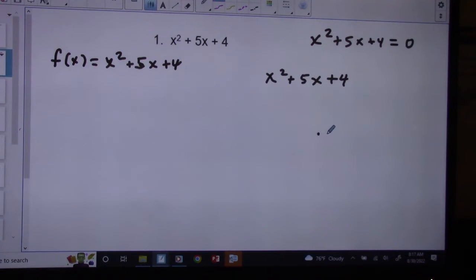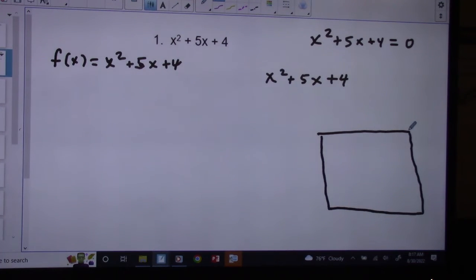So if we set this up into a box, you take your first term and put it in the upper left box. And the number term by itself, you put in the lower right box. Then you're working backwards here.